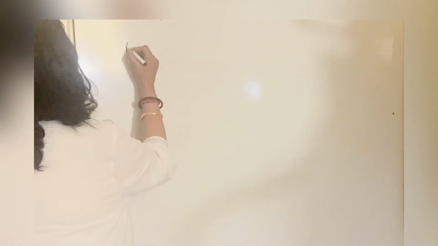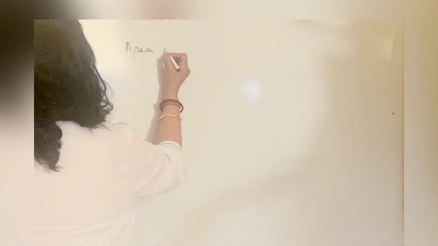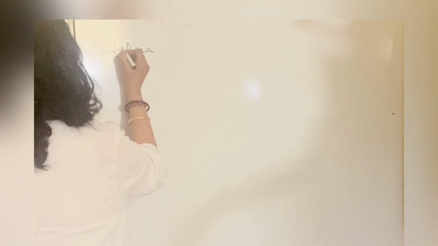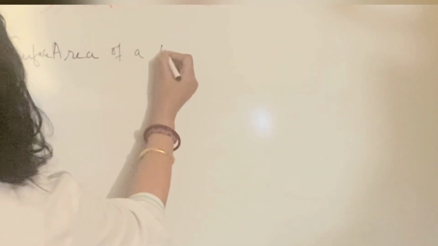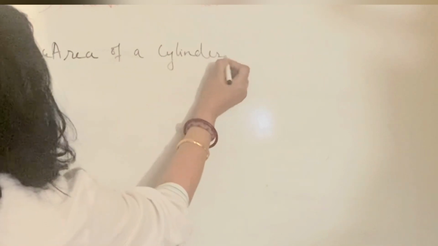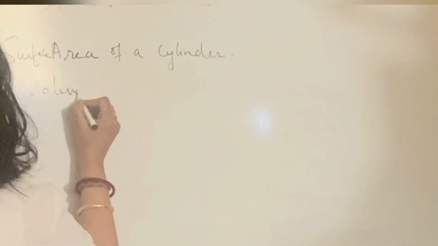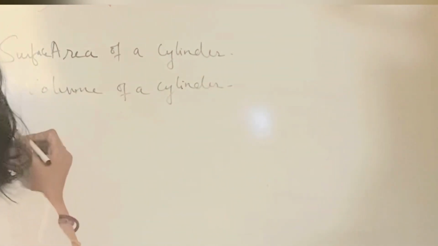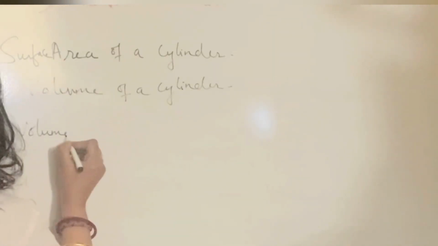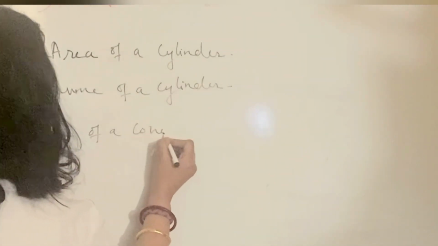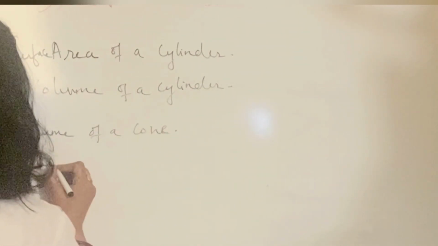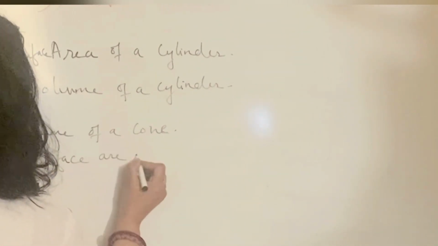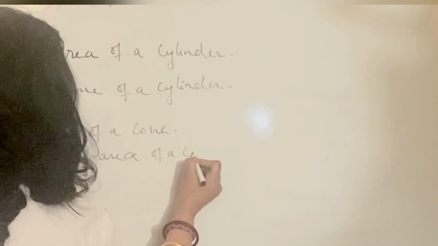So what we have studied today, in case we want to recall what all formulas we did today, was surface area of a cylinder, volume of a cylinder, volume of a cone, and surface area of a cone.